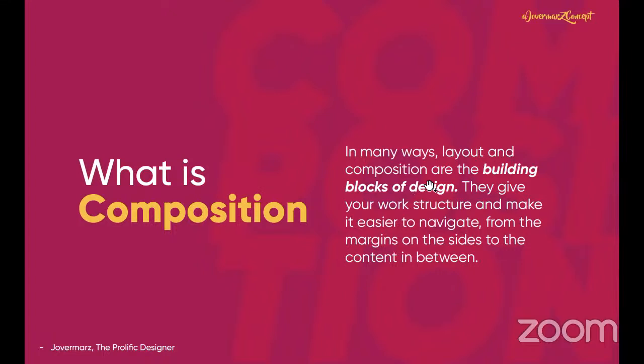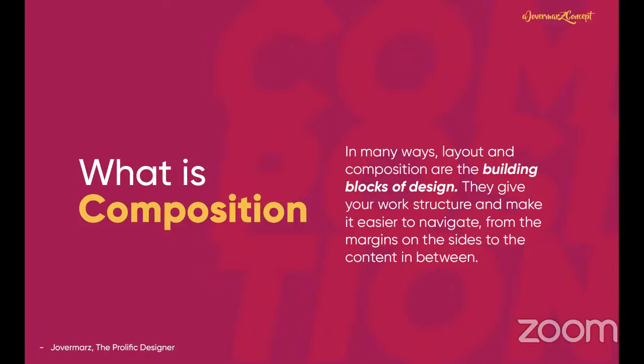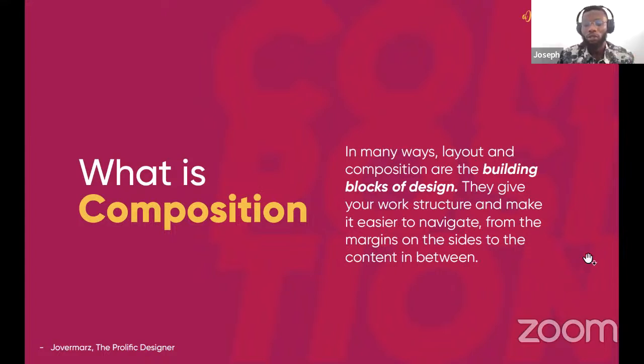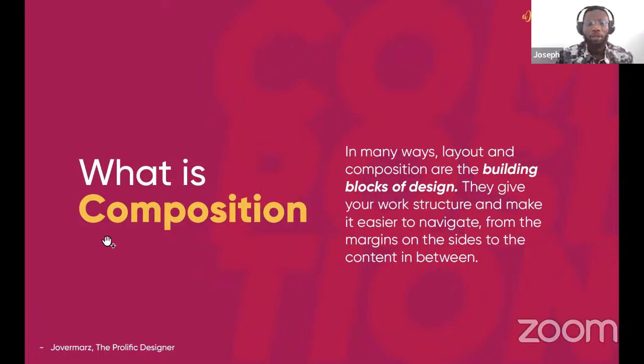Yeah. Okay. So they give your work structure and they make it easy for you to navigate, from margins on both sides of your content. That's like your artboard. So they give your work structure, right? So you know where each thing can be and where other things can be as well.